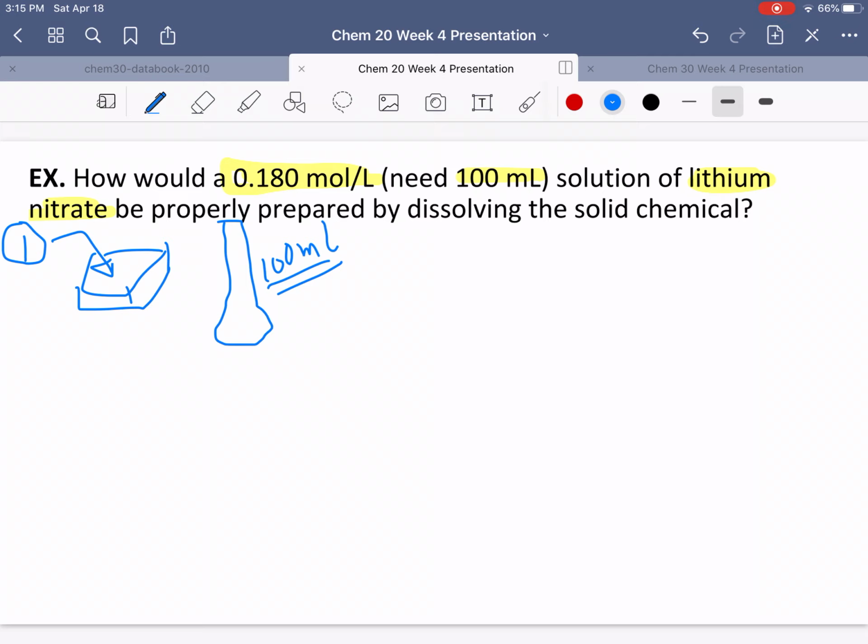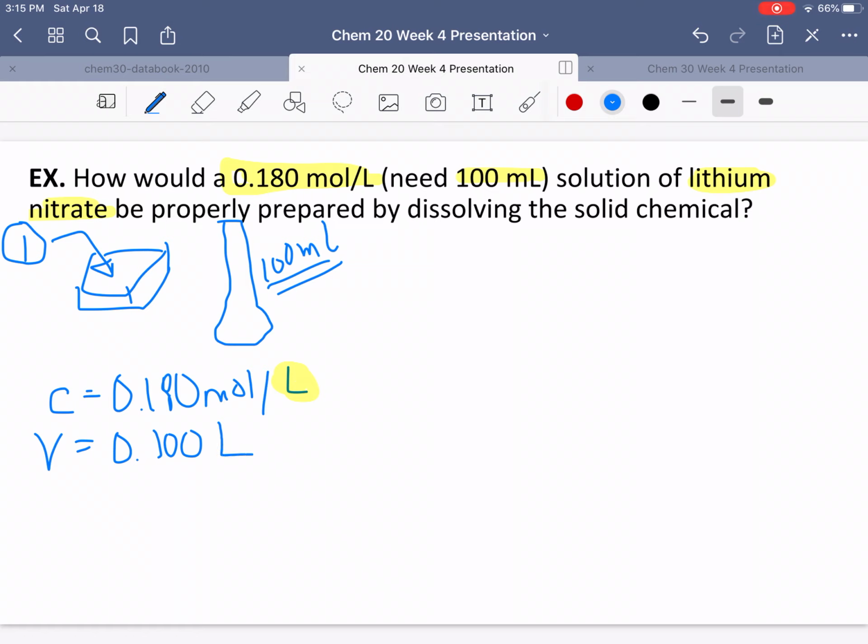All right, calculation-wise, look at your givens first. So concentration is 0.180 moles per liter, and the volume has been given to you in milliliters, but in this scenario, we have to convert it to liters because that's what the concentration is in. So I divide it by 1,000, then I've got 0.100 liters.